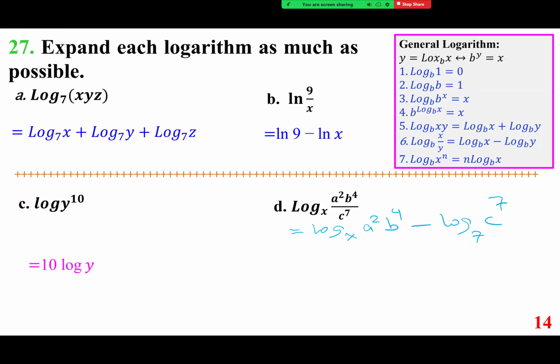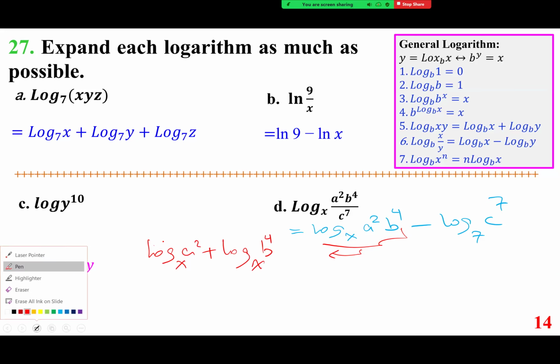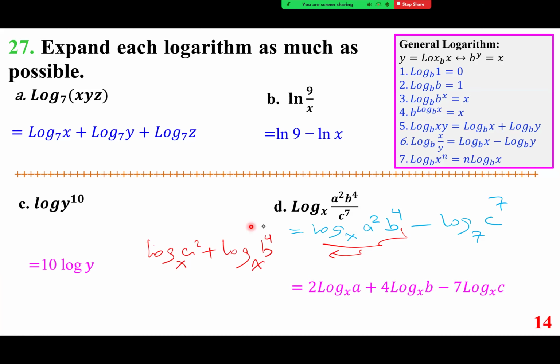And this one is log base x of a squared plus log base x of b to the power of 4. And now each one, the exponent becomes a coefficient in all cases. So 2 log a base x, 4 log b base x, minus 7 log c base x. That's what happens.